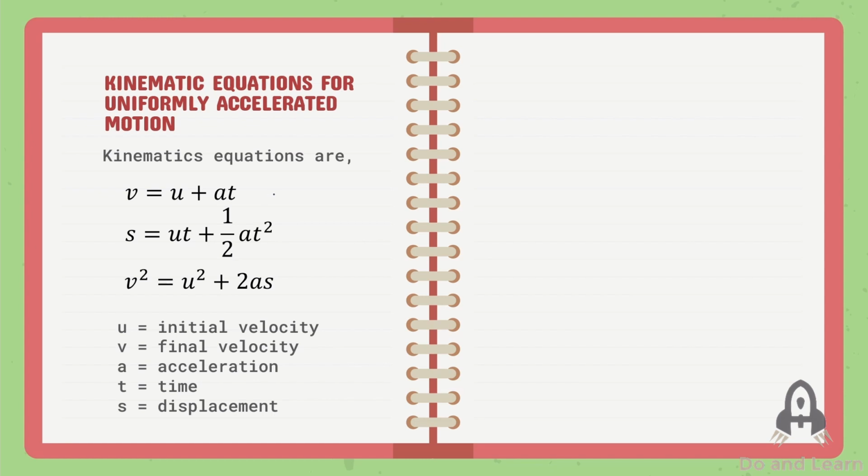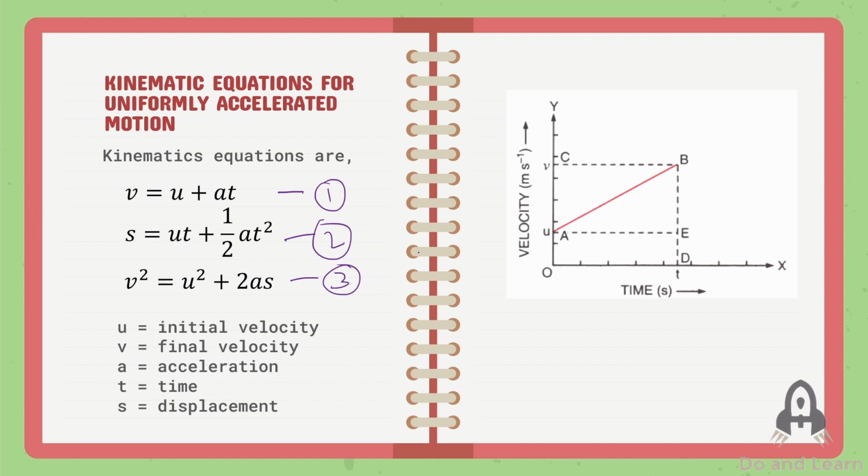So we are going to derive the equation v is equal to u plus at, the second equation s is equal to ut plus half at square, and the third equation v square is equal to u square plus 2as from a velocity time graph.